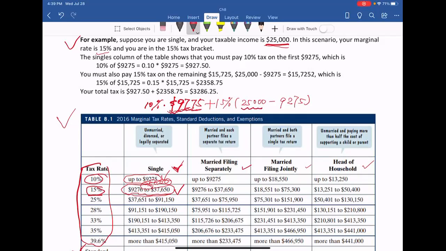So in this range, you need to pay 15% on the tax. And then the sum of these two parts is the tax you need to pay to the IRS.